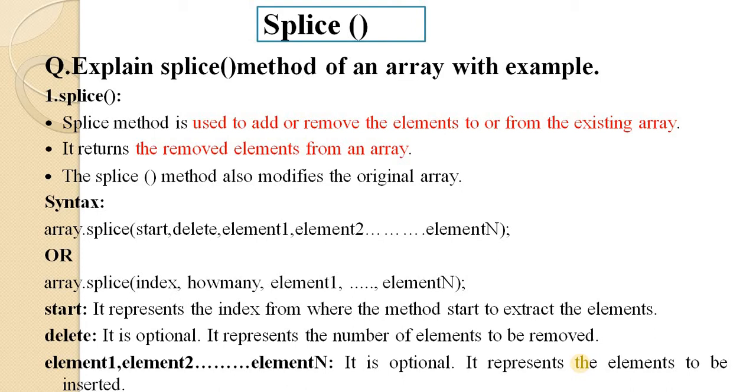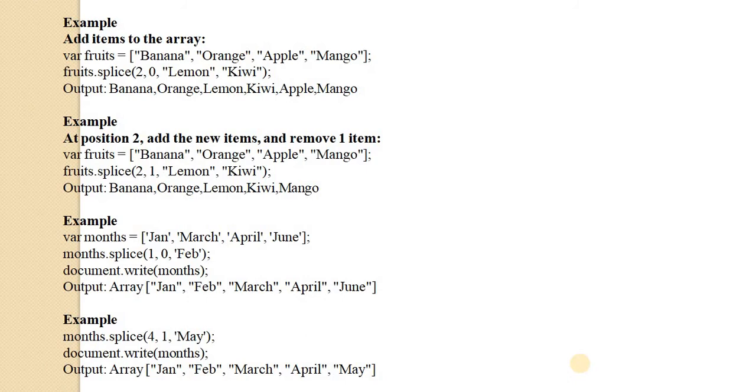Next point is an example of the splice method. In the first example, we add items to the given array by using the splice method. We declare one array, var fruits, and assign the values banana, orange, apple and mango.